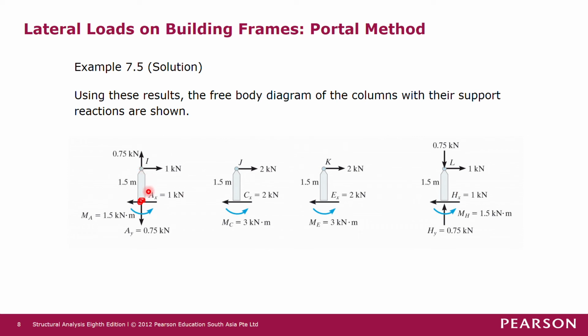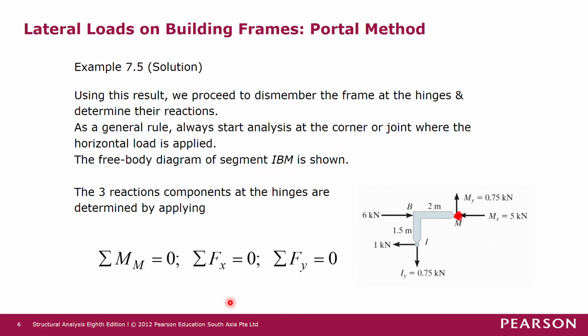Okay. So for segment IA, we have a dimension of 1.5 meters. And then this joint I here is the common joint as this joint I there. So the forces must be complementary to these two forces here.